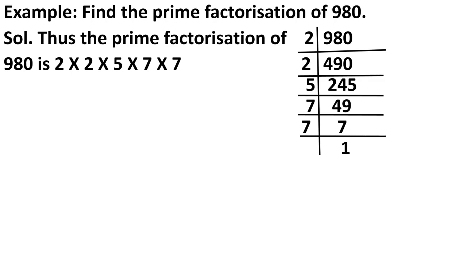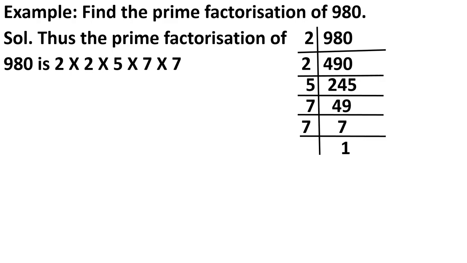The divisibility rule of 2 is that the ones place must be 0, 2, 4, 6 or 8. Here the ones place is 0, that means it is possible to divide by 2. So divide 980 by 2, you will get 490. Again the ones place is 0, so divide it by 2 again. You will get 245. Now 245 we can't divide by 2 as 5 is not divisible by 2.